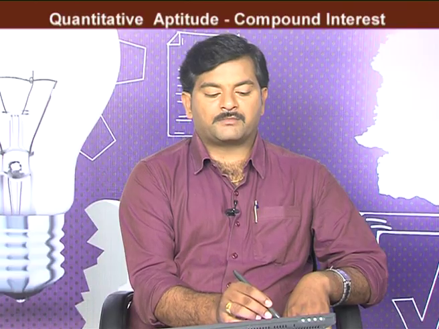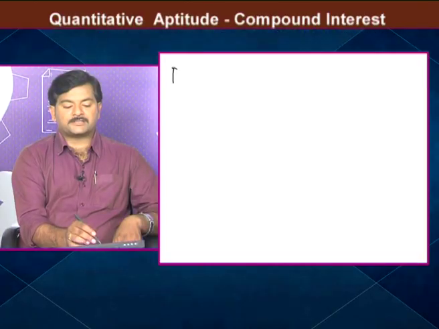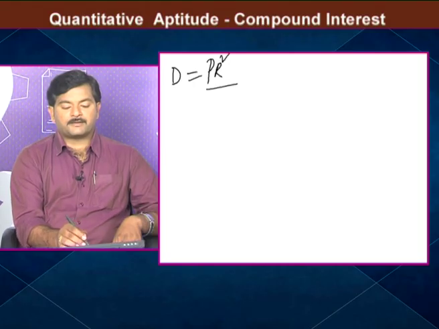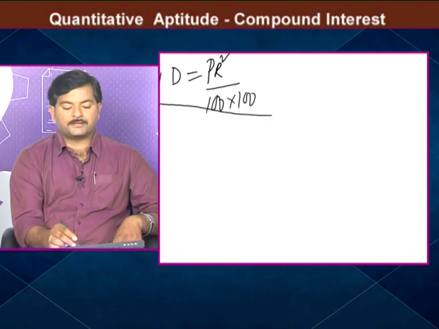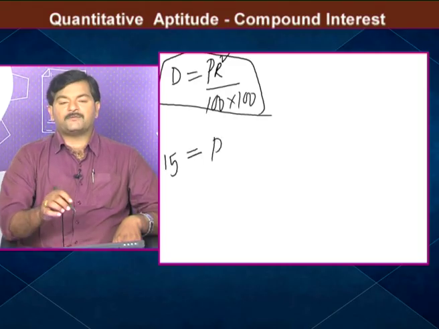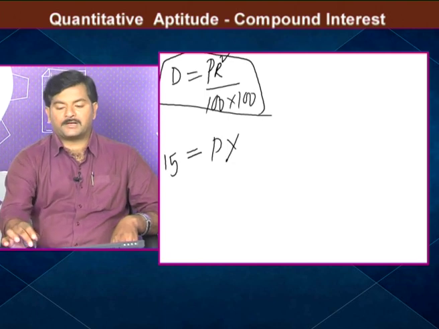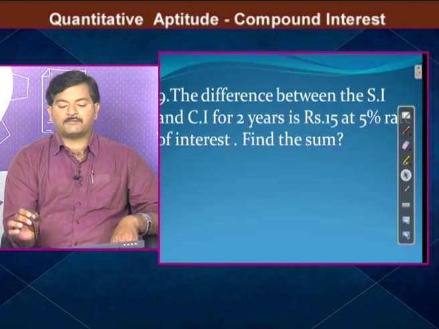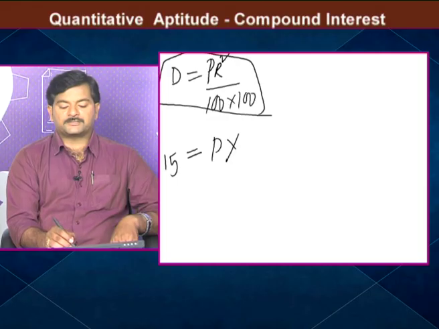For 2 years the formula is D equals PR square by 100 into 100. The difference is given as 15, and we have to find the P value. The R value is 5, so we simply take R as 5.